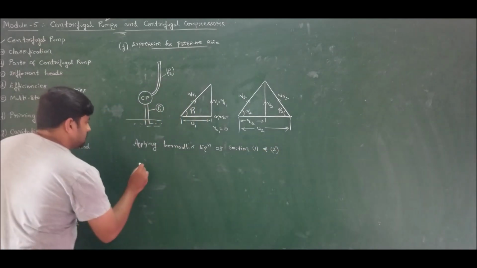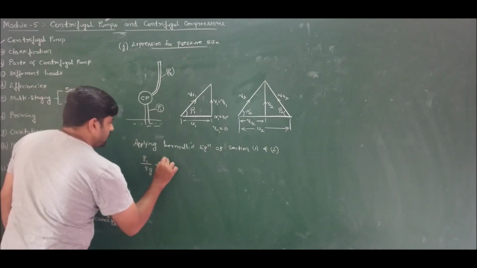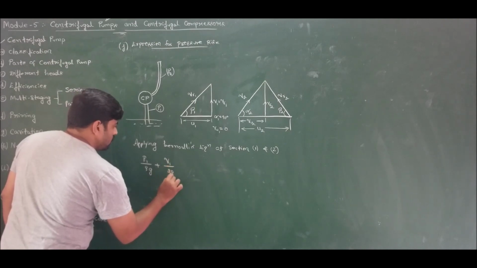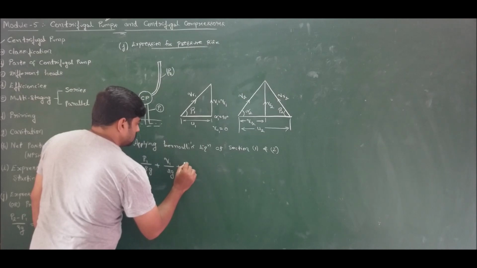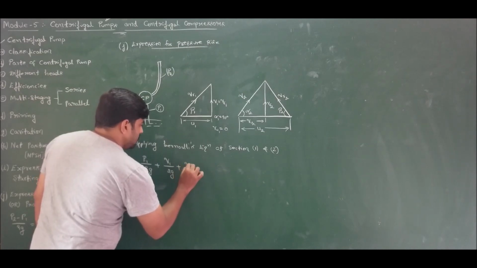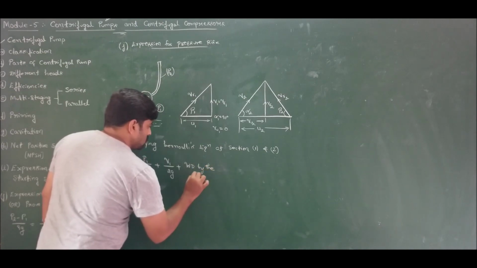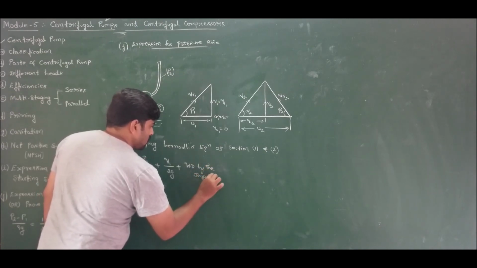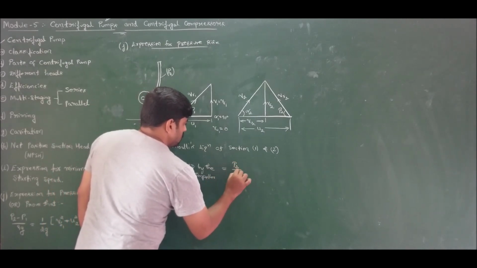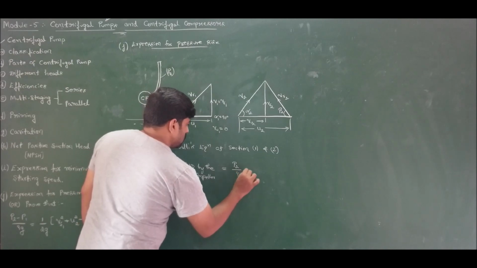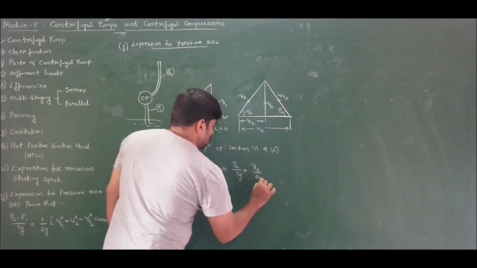At section 1 we have pressure P1 by rho g, velocity, entry velocity is V1 by 2g, plus we have work done by the impeller, this must be equal to, at the delivery side we have P2 by rho g plus V2 by 2g.